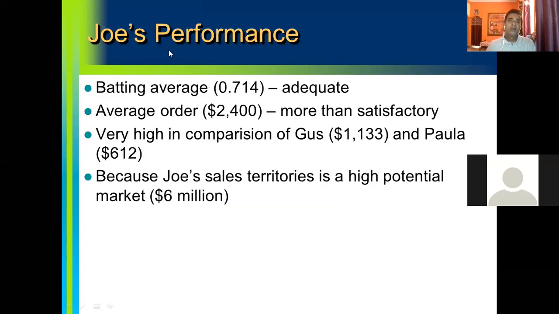Then Joe's performance continues. His batting average is 0.714, which is quite adequate for the company.